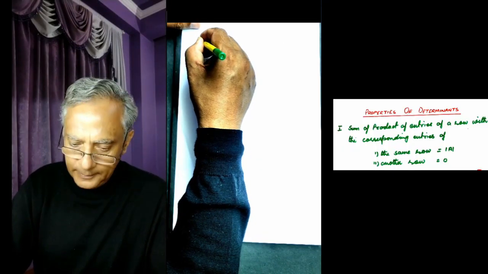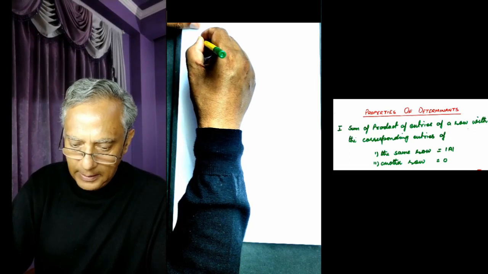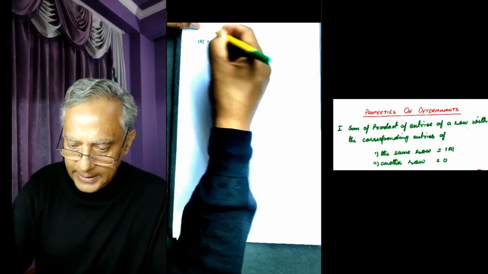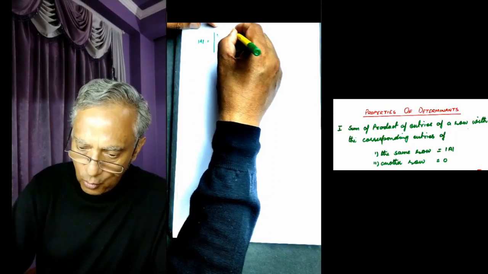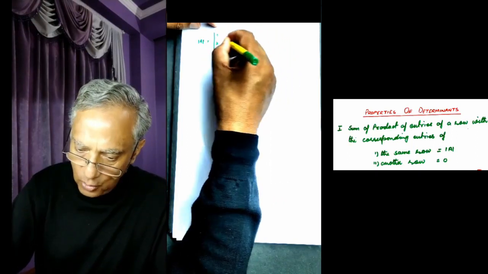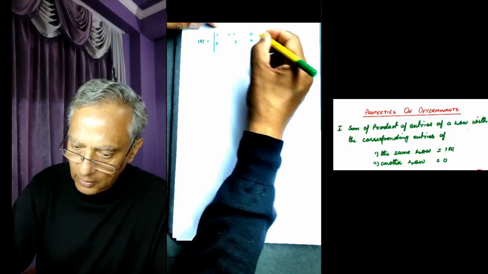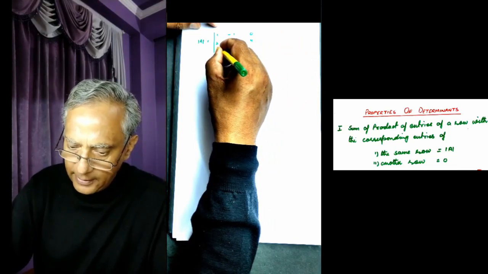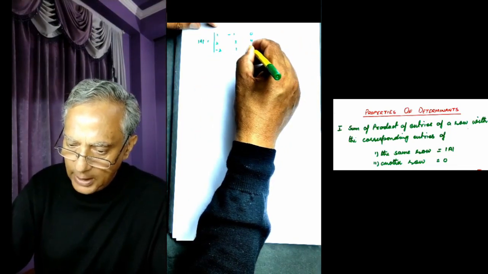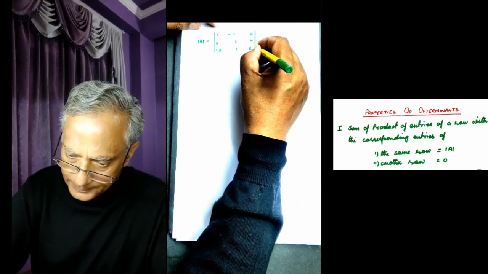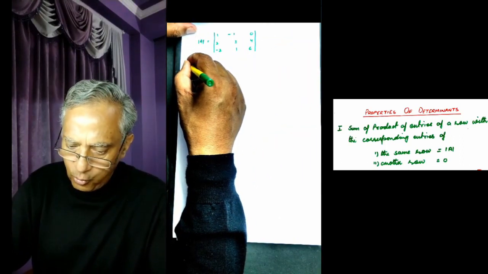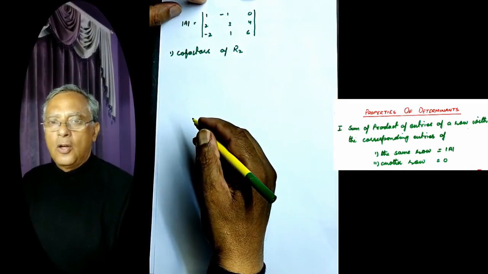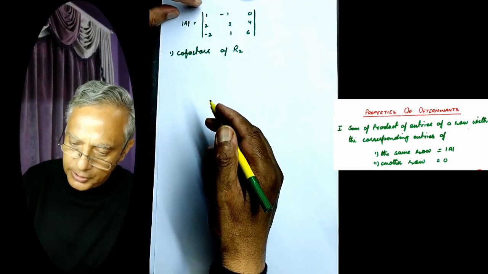For example, determinant of A is equal to, say, 1, -1, 0; 2, 3, 4; and -2, 1, 6. Now what we do is we first find the cofactors of the second row.